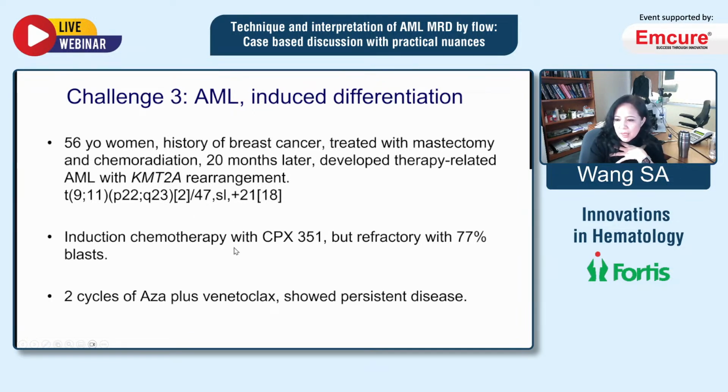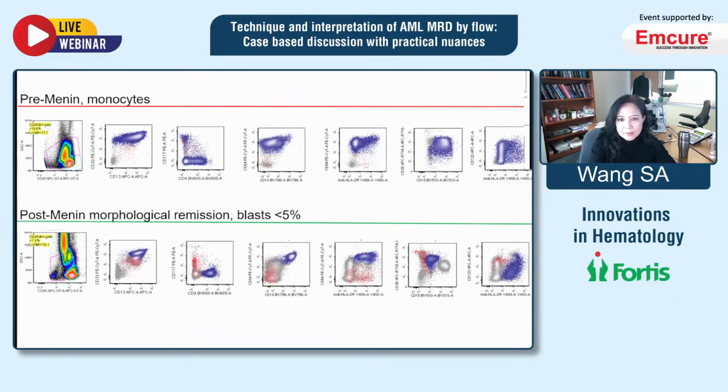The patient had induction chemotherapy, but was primary refractory, still with 77% blasts. After 2 cycles of venetoclax, the patient still showed persistent disease. So this time they gave the menin inhibitor therapy. This is pre-menin inhibitor, and this is monocytic leukemia.